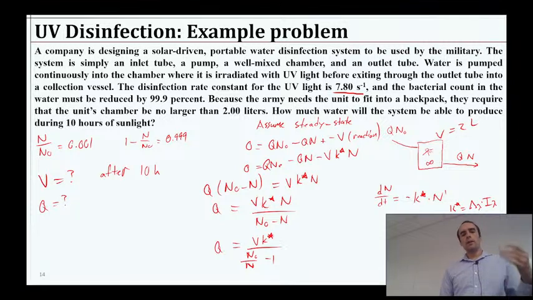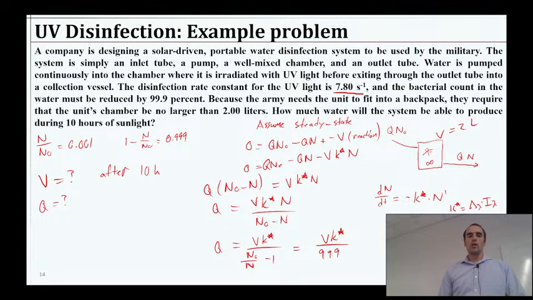So if we need 99.9% removal, that means our N over N naught is 0.001. If we invert that, that should be 1,000. So this is going to be equal to V k star divided by 1,000 minus 1.